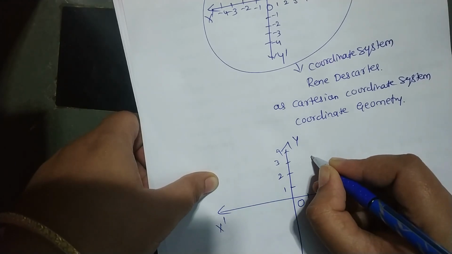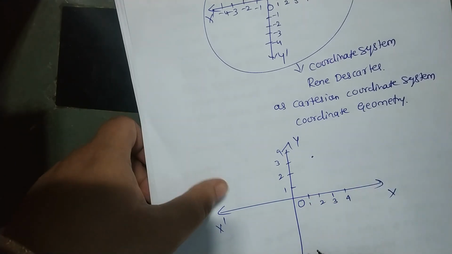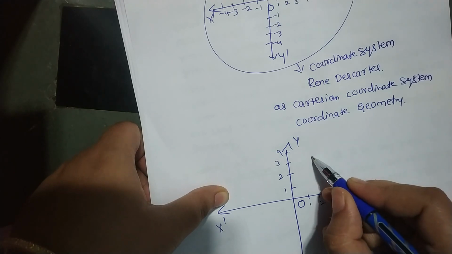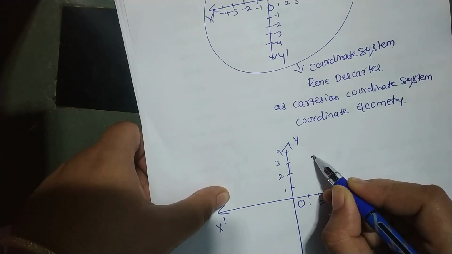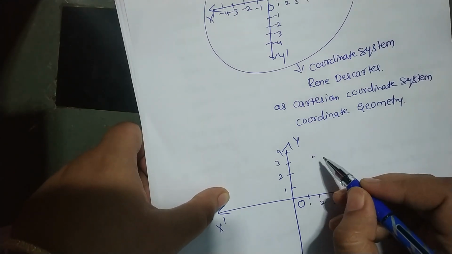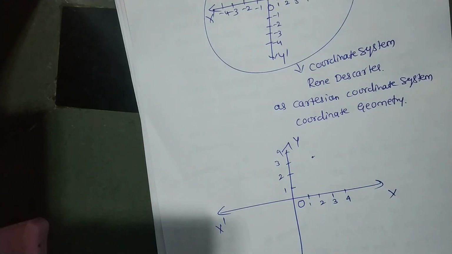For finding the location we require references. If we want to know the address of my home, I will give references such as the street number, lane number, city, pin code, etc.